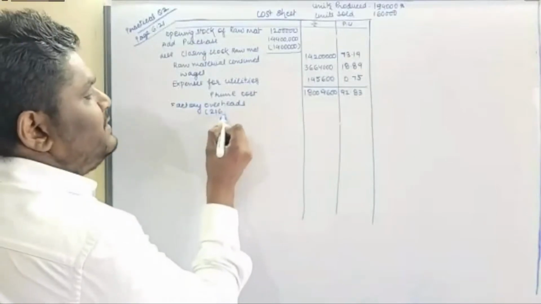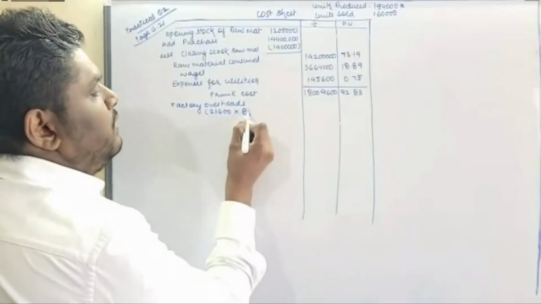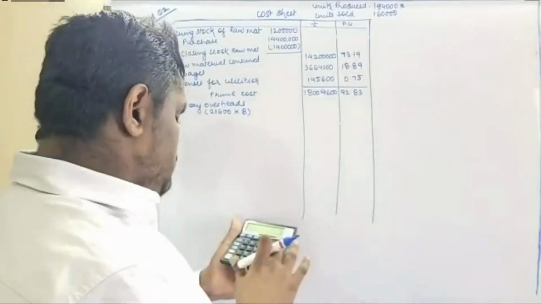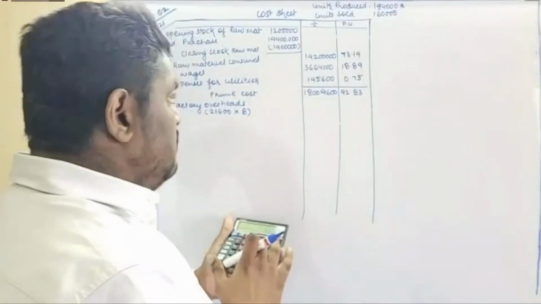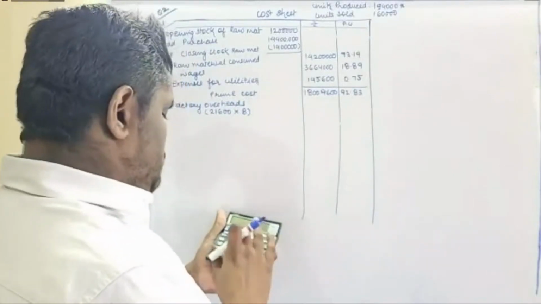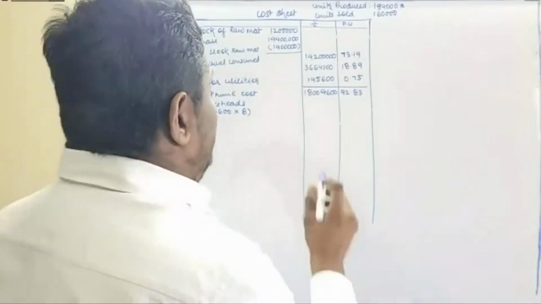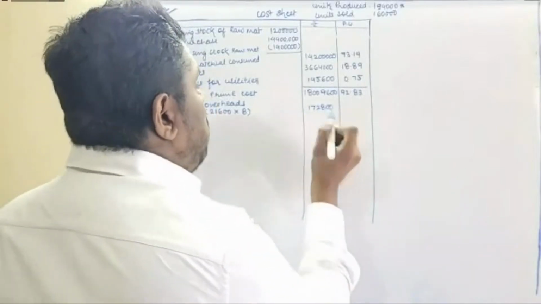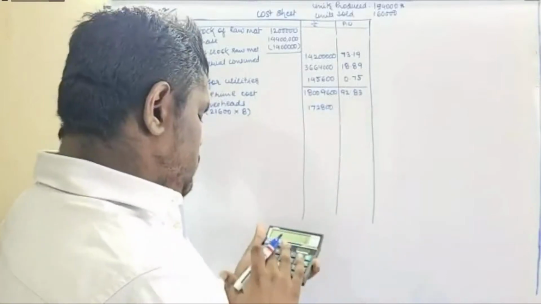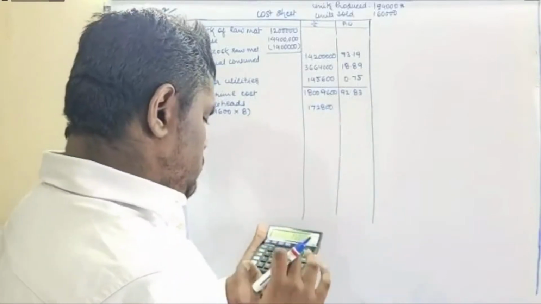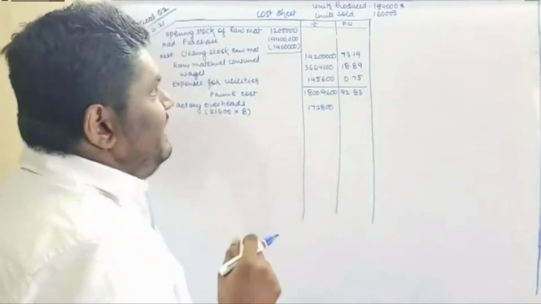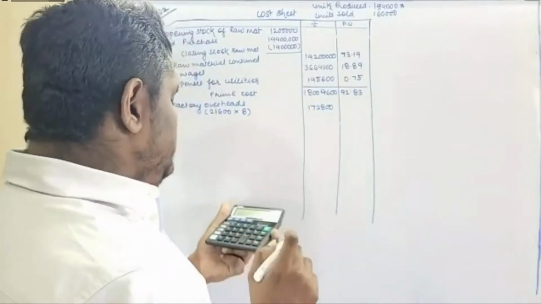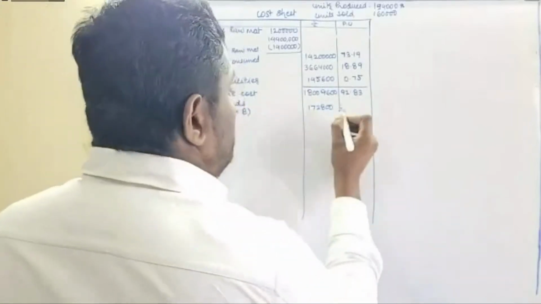So 21,600 into 8 is $172,800. So this is my factory overhead divided by 1,94,000, that is 0.89.